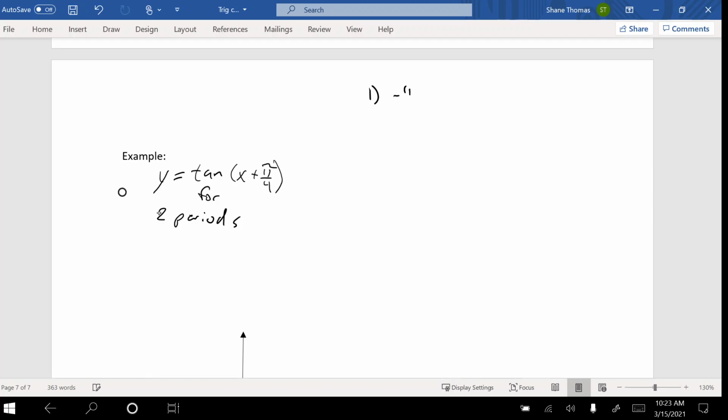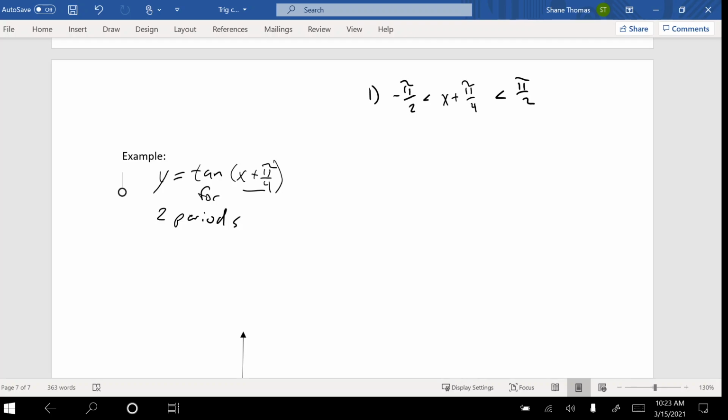In this case, I'm going to have negative pi over 2 less than pi over 2. I want to take bx minus c, sorry, plug that in. In this case, that is everything that's in these parentheses, x plus pi over 4.